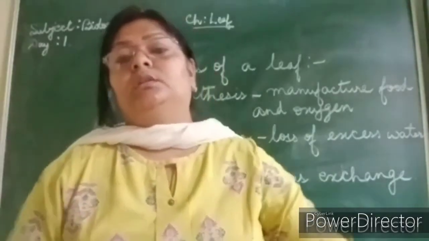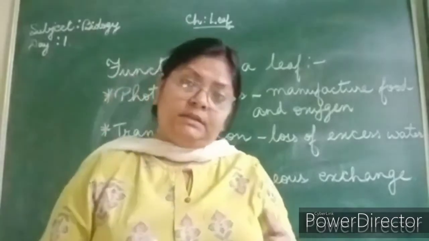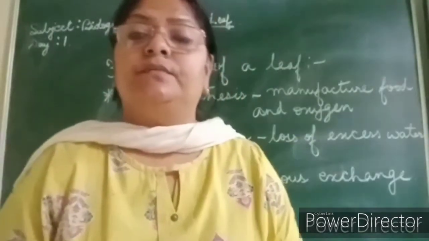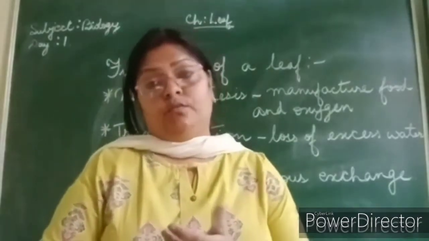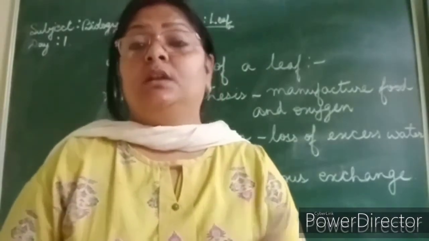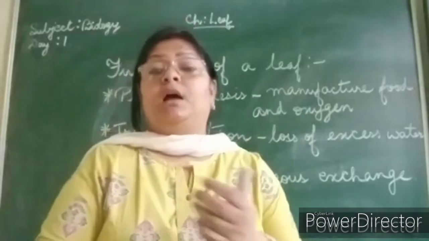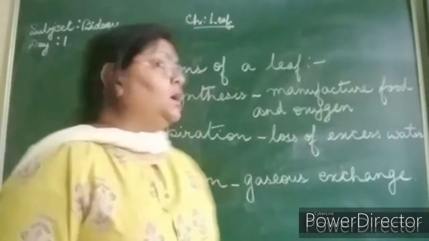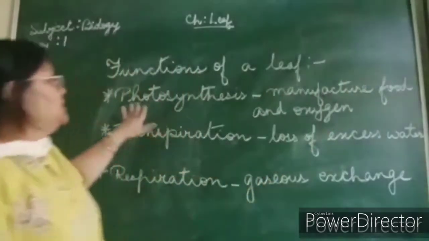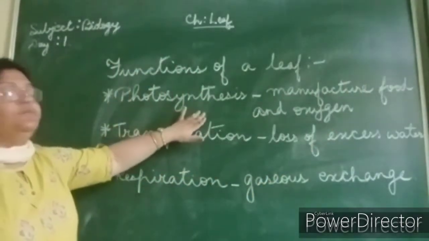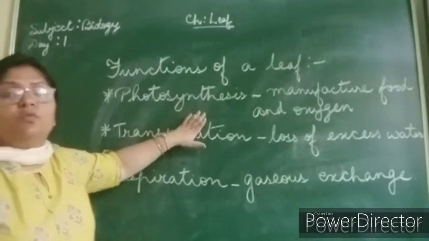After learning all the parts and the various terms associated with the leaf, now we need to know why leaves are important. What is the work that the leaf does that a plant requires? That is called the functions of a leaf. What are the functions? Firstly, it helps in photosynthesis.